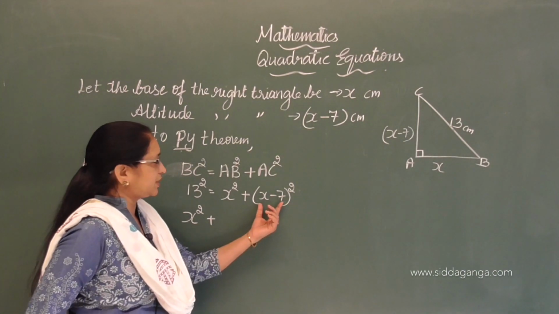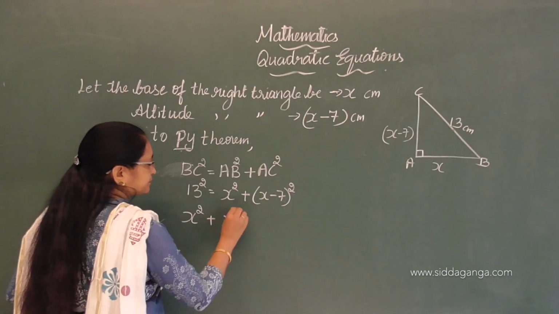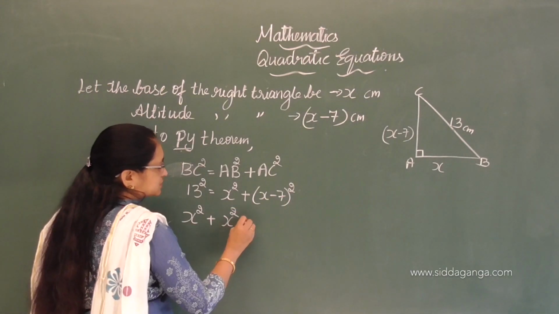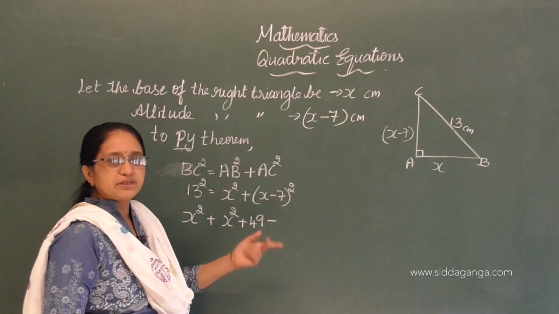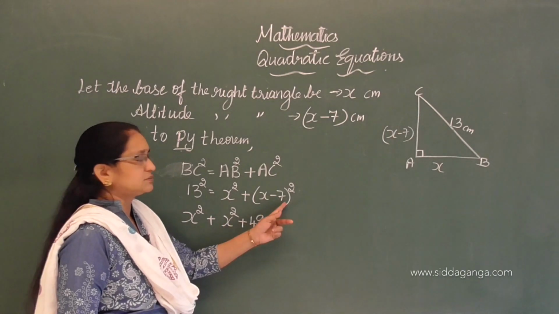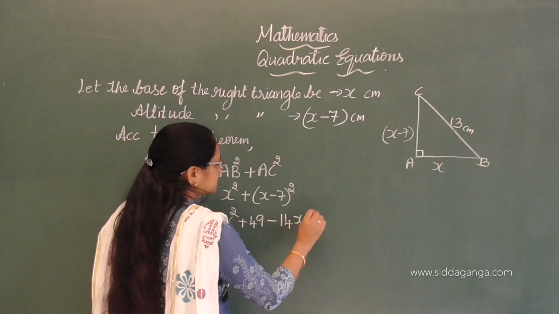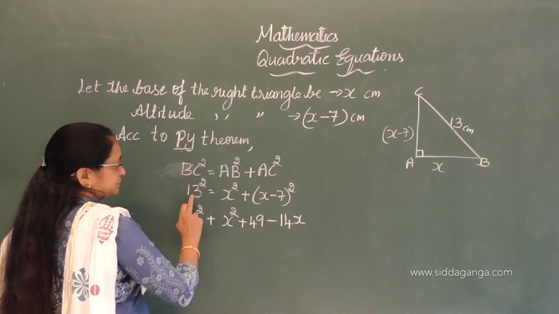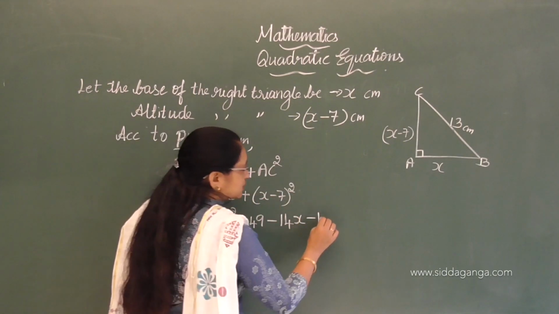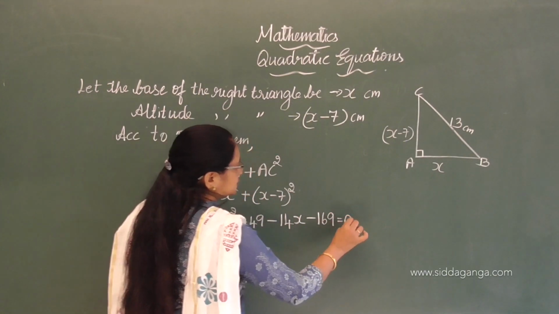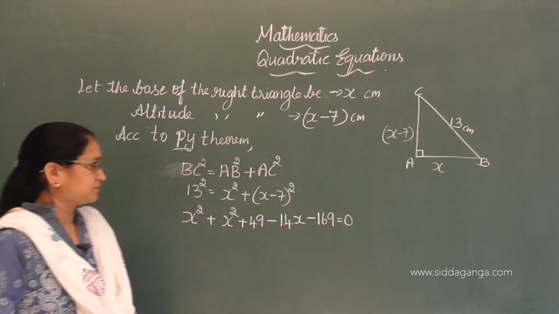This is in the form of a minus b whole square. Okay. So, x square plus b square minus 2ab, 2 into 7, 14 into x, 14x. So, this we can bring it to the other side. 13 square is 169 is equal to 0.